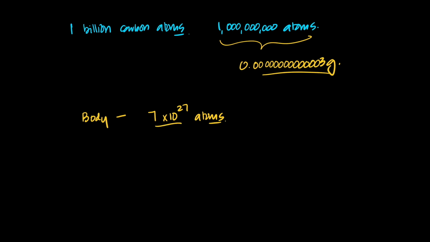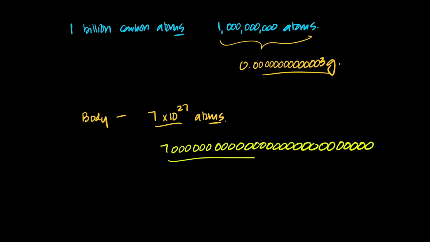You might not know the standard form, so it's like saying 1, 2, 3, all the way up to 27 zeros. This is how many atoms there are in your body. That's a lot.